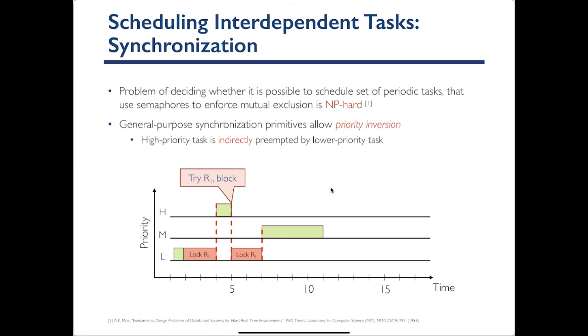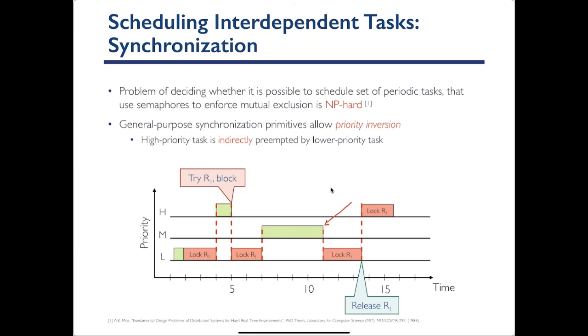What is happening here is that the high priority task is now waiting for this medium priority task to run. And once that medium priority task is done, the low priority task runs. And finally, once the low priority task releases its lock, then we can go and run the high priority task.